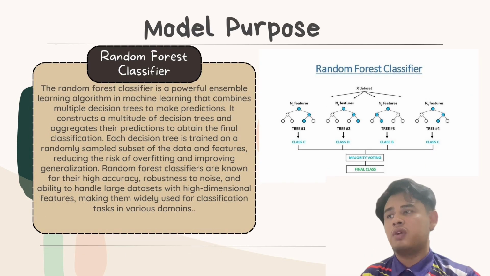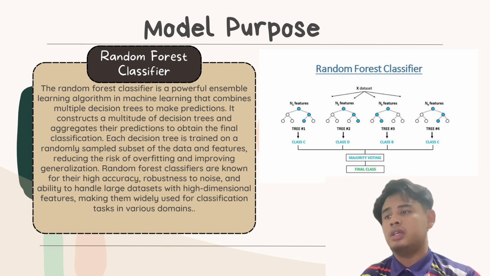Next is random forest classifier. The random forest classifier is a powerful ensemble learning algorithm in machine learning that combines multiple decision trees to make predictions. It constructs a multitude of decision trees and aggregates their predictions to obtain the final classification.